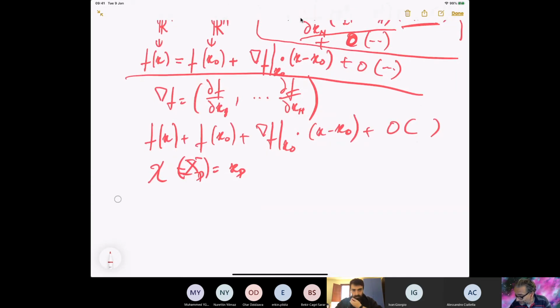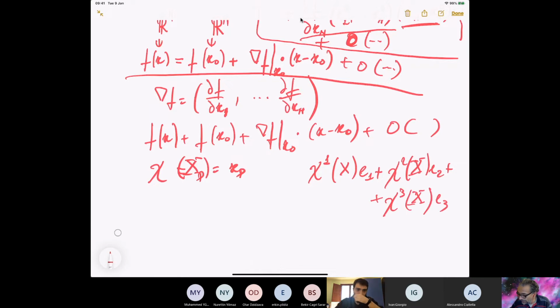So you have psi 1 of x times small e1 plus psi 2 of x times small e2 plus psi 3 of x times small e3. This is psi of x_p.